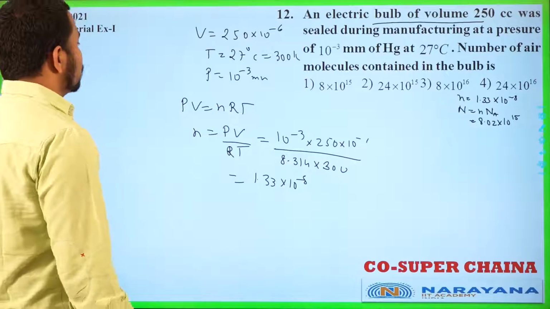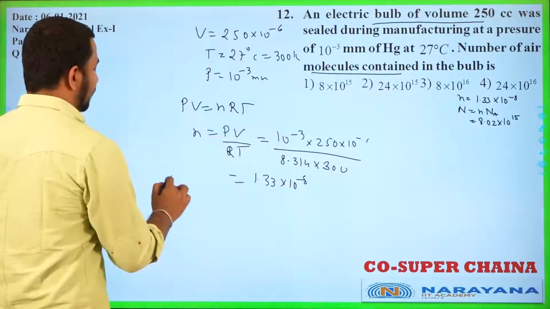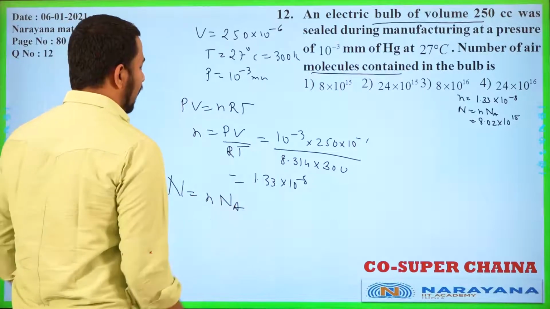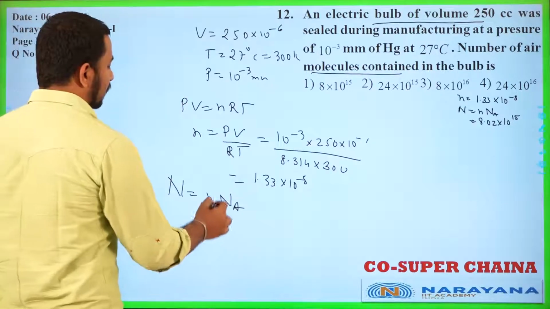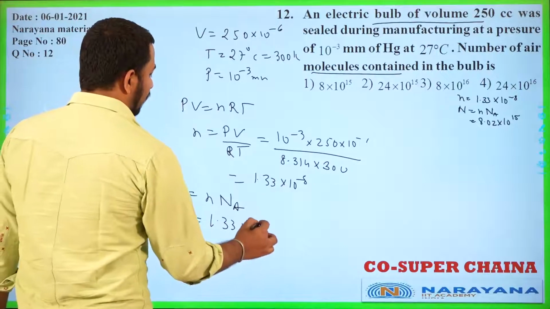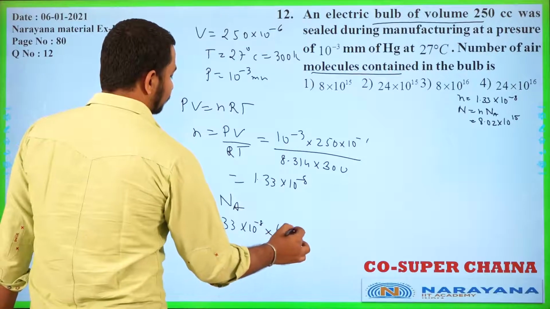Now we have to calculate the number of air molecules. So capital N we have to calculate, and we know that capital N is nothing but moles into Avogadro number. We have done questions like this previously. So this 1.33 into 10 to the power 8 into 0.3.